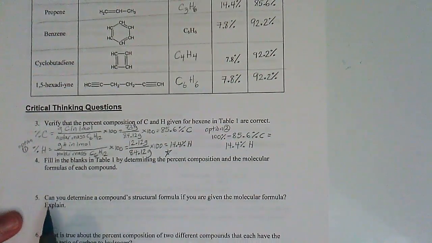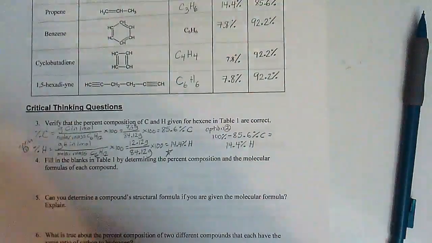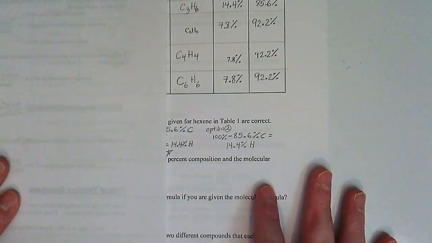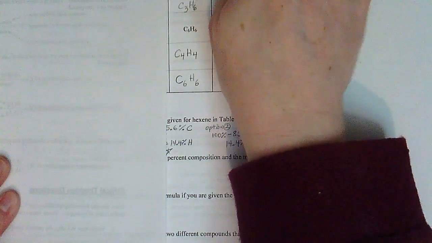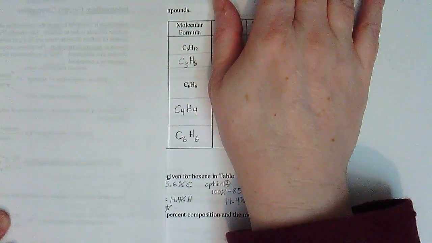Number 5 asks, can you determine a compound's structural formula if you are given the molecular formula, explain. So what it's saying is, okay, if all I see is the molecular formula, do I know what the structural formula is?